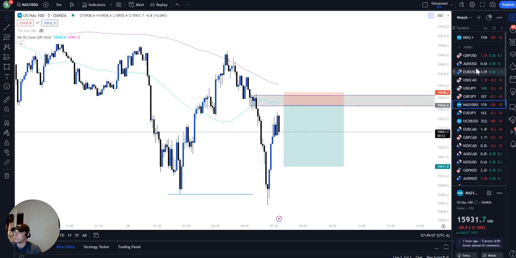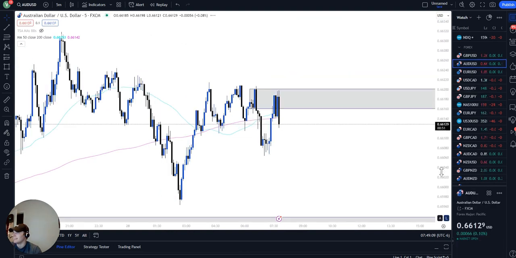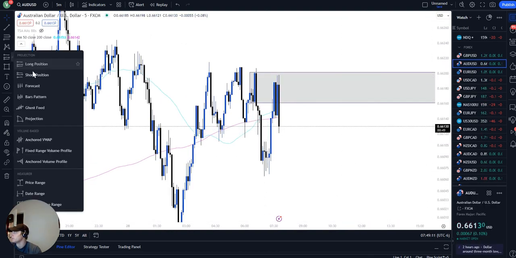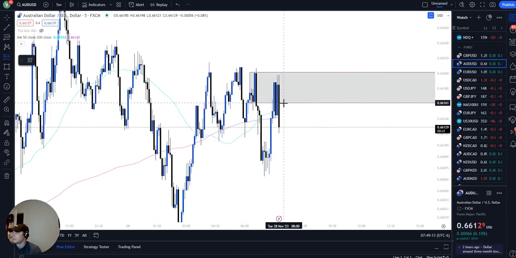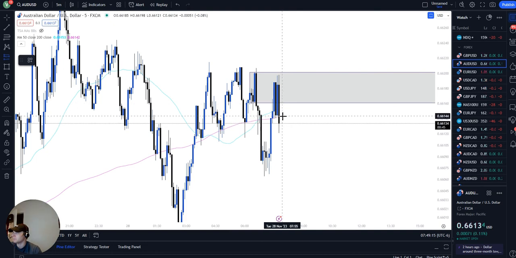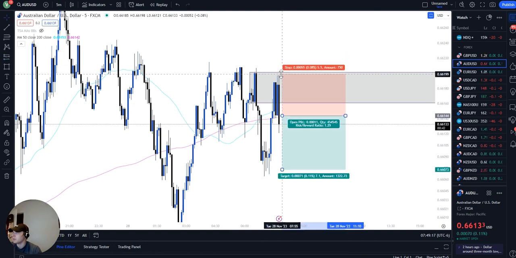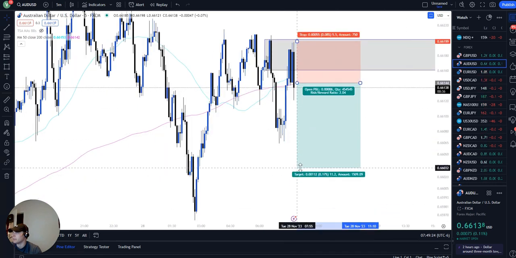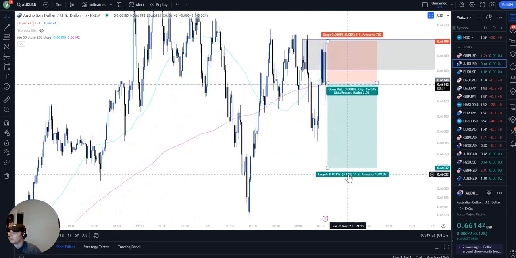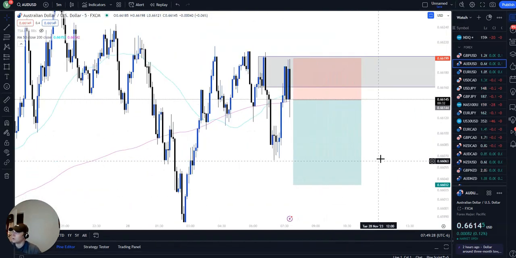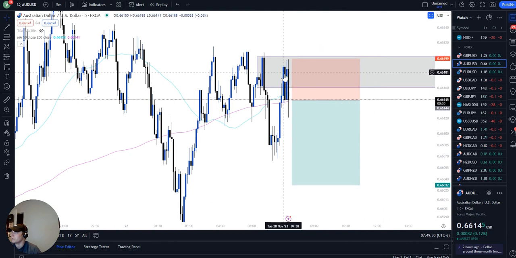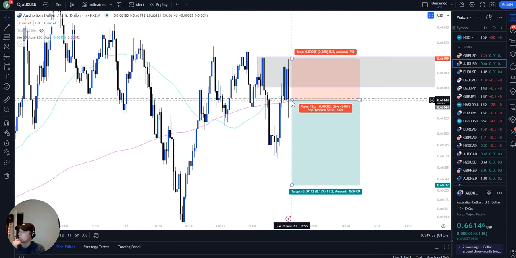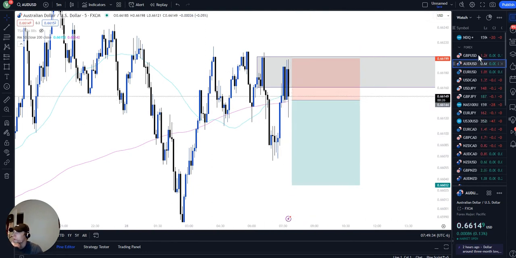NAS 100 did not reach that supply zone. I think this AU trade might be very nice if it pulls back up. Stop would need to be above this, about 5 pips, and we'd be targeting ultimately somewhere down here. So this would be a candle break right there, so technically it would have already broke.